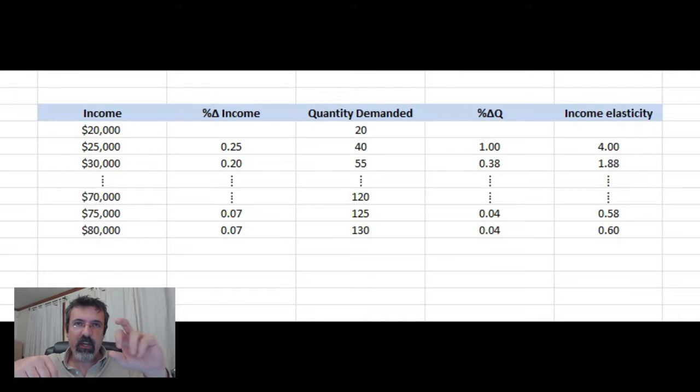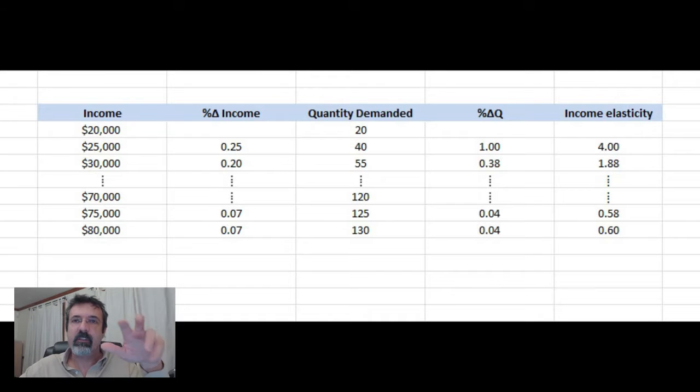So you have the percentage change in income, you have the percentage change in quantity demanded. Divide the percentage change in quantity demanded by the percentage change in income. This gives us the income elasticity. So for example, on that very first line, the percentage change in quantity demanded is 1, the percentage change in income is 0.25, and 1 divided by 0.25 is 4.0.